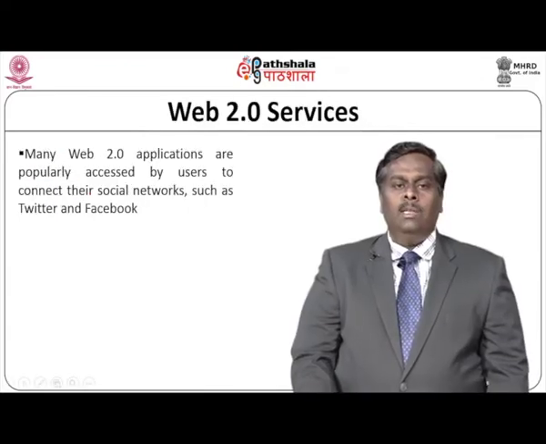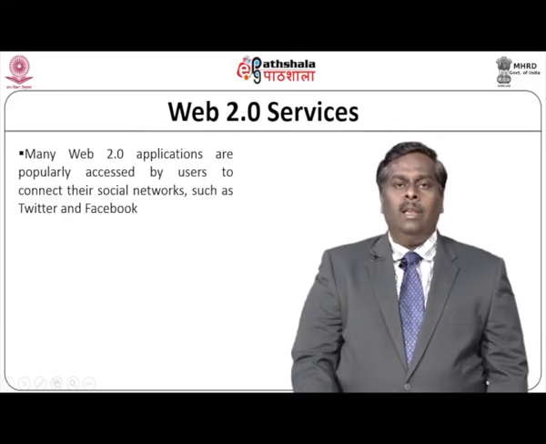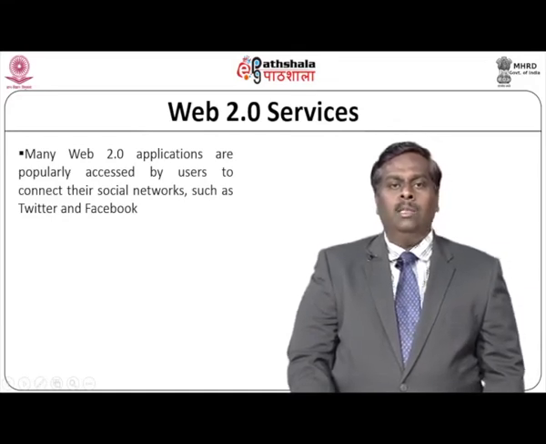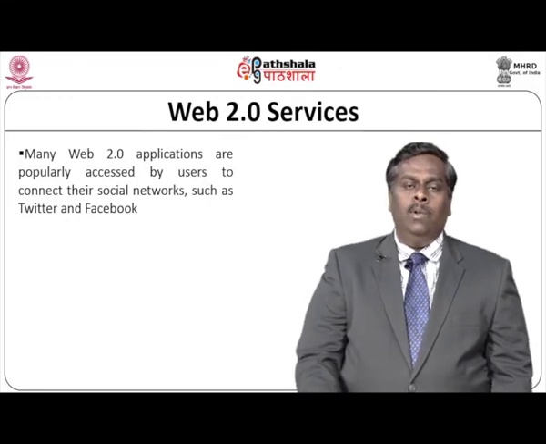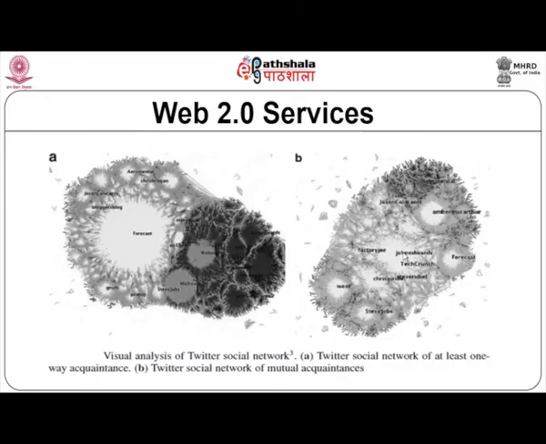Many web services applications are popularly accessed by users whenever they are trying to connect to various individuals in a social networking environment like Twitter and Facebook. Visualization of such services. So, here the Twitter social network data is taken and it is analyzed and visualized.